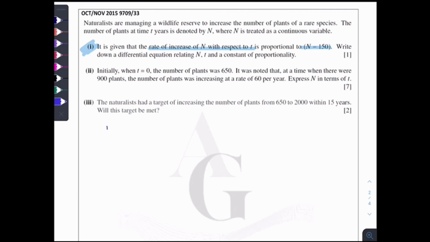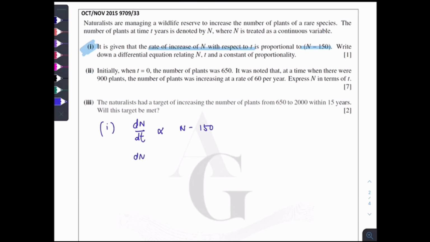So for part 1, it's very simple because you are asked to state this equation. The rate of increase of n should be dn/dt, and it's proportional to, according to the question, n minus 150. So you just need to write down n minus 150 here.